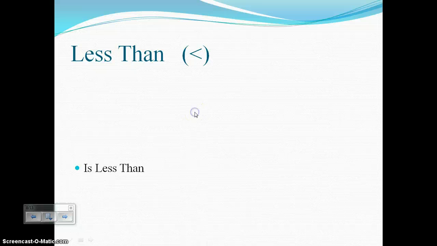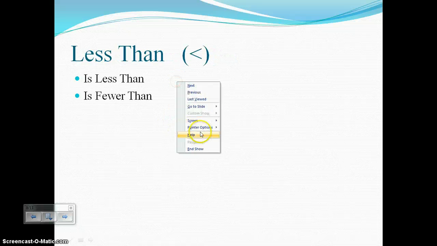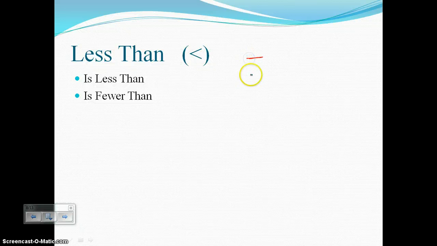Now let's look at less than. The words you'll see for less than are is less than and is fewer than. Notice that when we were talking about subtraction, less than was one of those words as well.